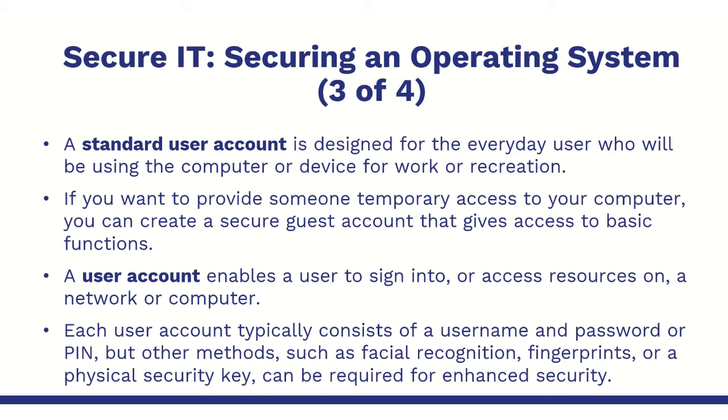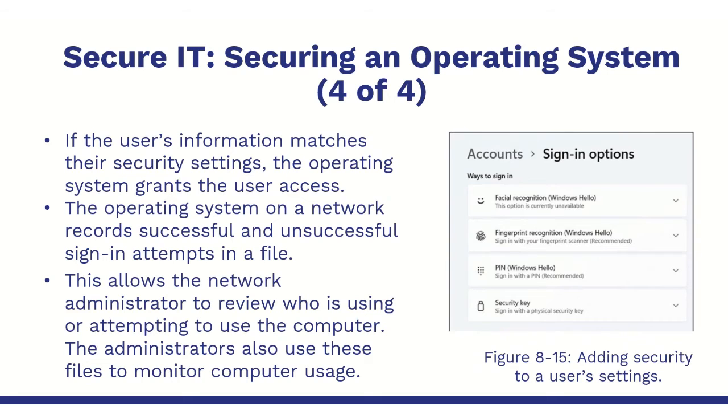But other methods such as facial recognition, face ID recognition, fingerprints, or a physical security key can be required to enhance the security. Sometimes people use multi-factor authentication schemes. If a user's information matches their security settings, the operating system grants user access.